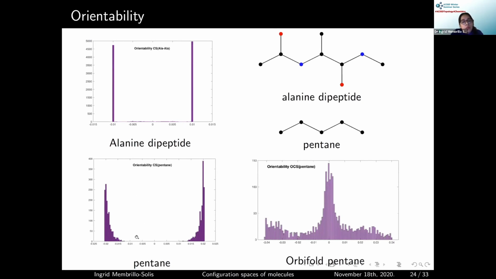And then for pentane, even though there is a bit of noise, there are also two regions that separate the types of orientations. But in the case of the orbifold configurational space of pentane, our orientability algorithm shows that this is not an orientable space.